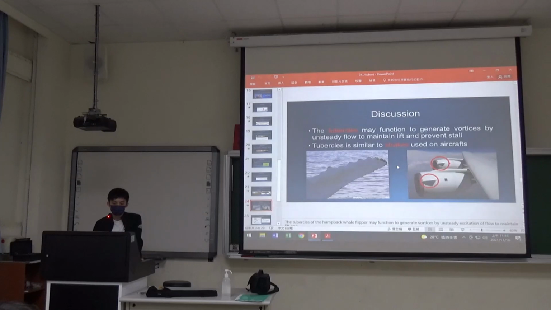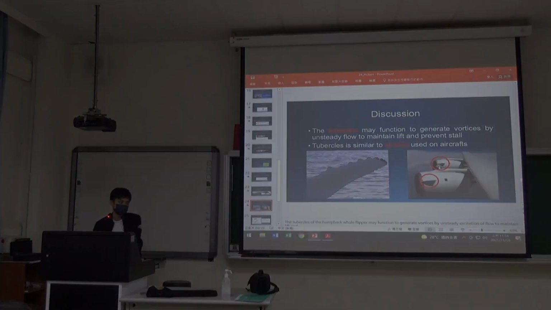Since the humpback whale needs to do some high maneuvering, it requires high stability, and tubercles can help the humpback whale maintain lift and prevent stall, as on an aircraft.